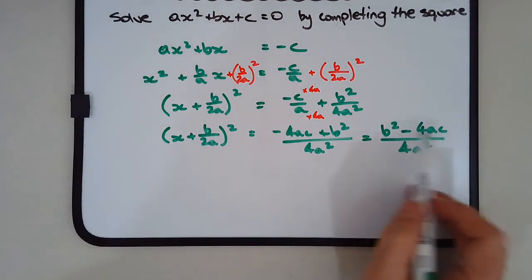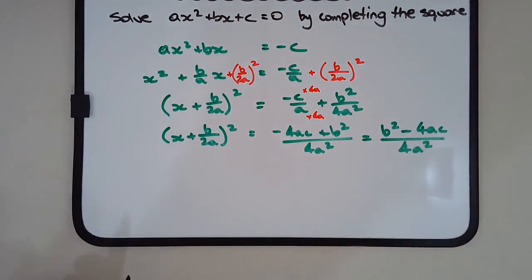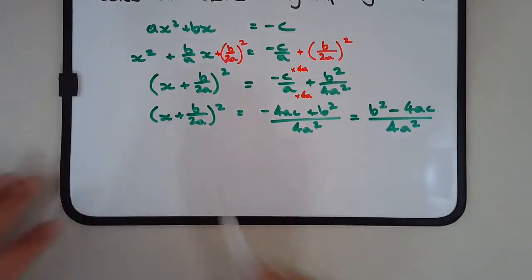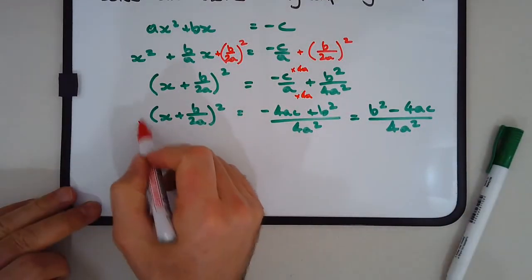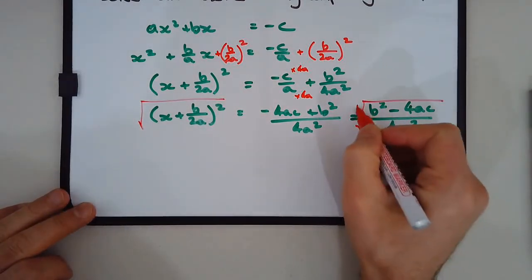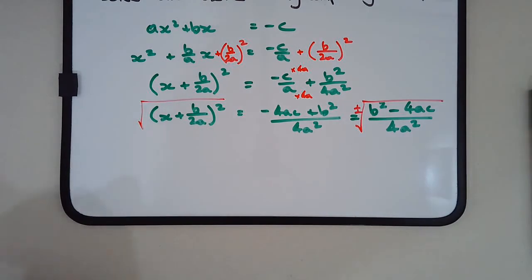Now you probably recognize b squared minus 4ac, perhaps, if you've seen the quadratic formula already. Okay, now let's take the square root of both sides. So we're going to do that, and it's going to be plus or minus, of course.